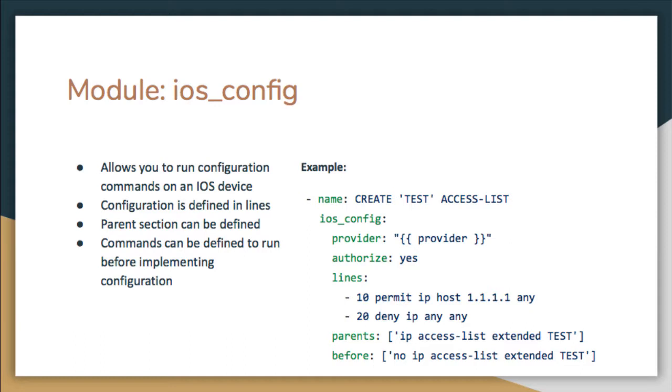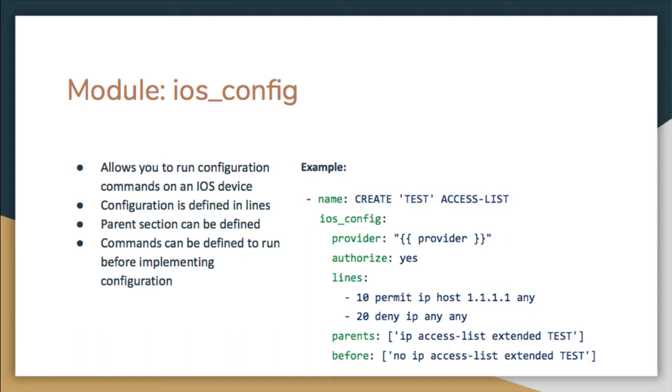We're creating a 2-line access list, line 10, line 20. Parents: when you're configuring this by hand, you know that before you can add these lines, you have to go into IP access list extended test. We have to go into that mode before we can add the lines, and that's what the parent is. If this were an interface, the parent would be interface gigabit 0/0, things like that.